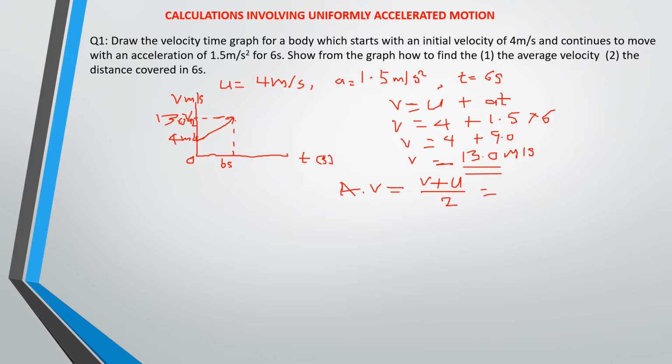So that gives us 13 plus 4 all over 2, and that will give us 17 all over 2. When you do this division, you have that average velocity equals 8.5 meters per second.